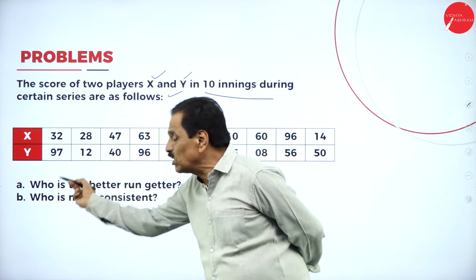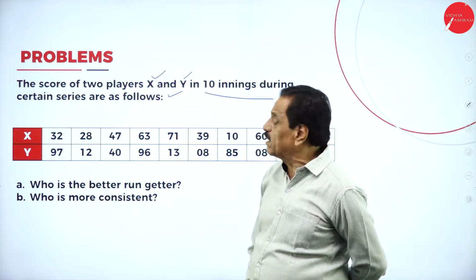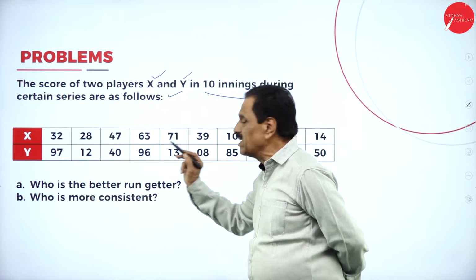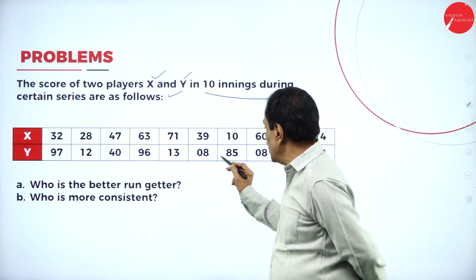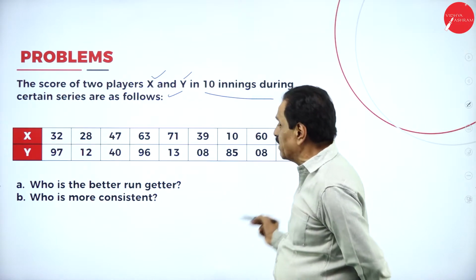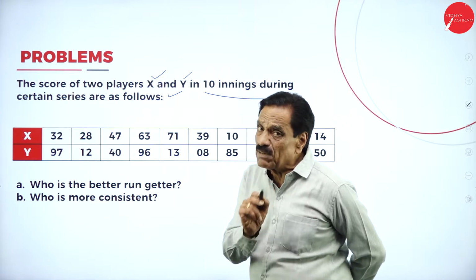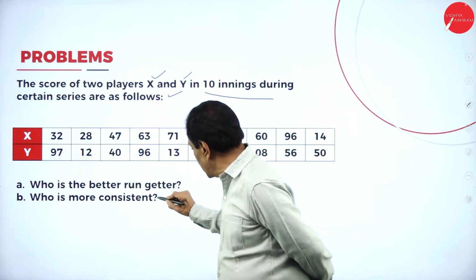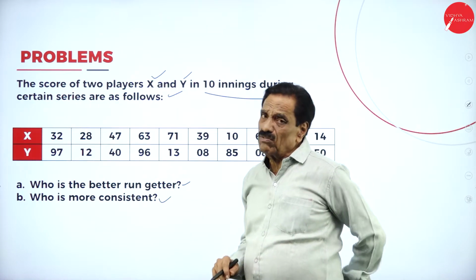Another gentleman, Mr. Y, who is also a cricket player, scored the following runs: 92, 12, 40, 96, 13, 8, 85, 8, 56. The question asked in the examination is: who is the better run getter? Who is more consistent? These are the two questions.